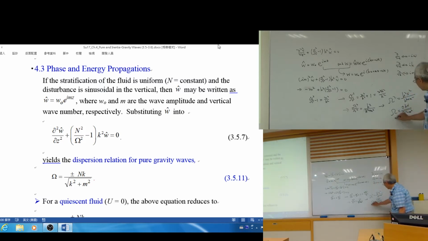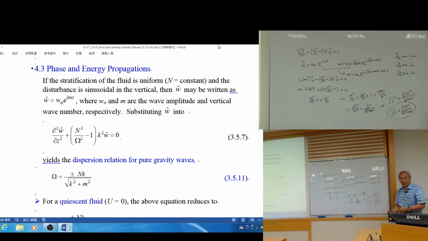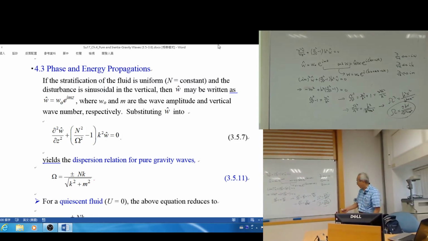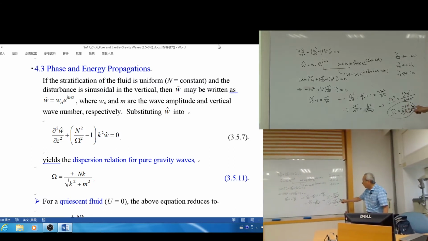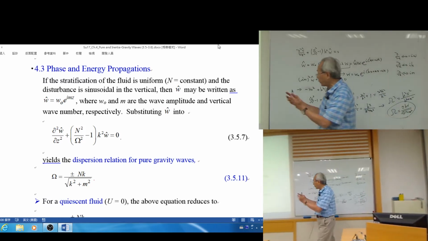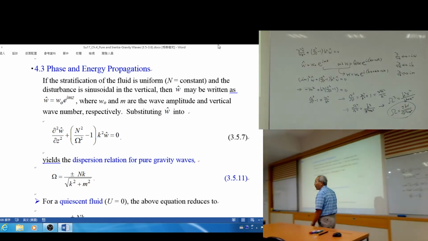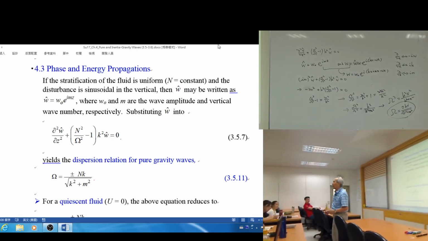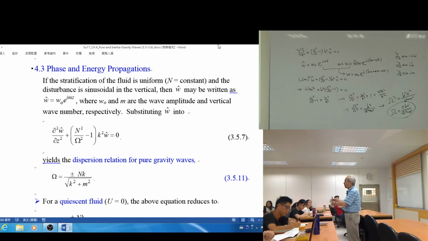Okay, so omega is the wave frequency, the intrinsic wave frequency, or Doppler-shifted wave frequency, equal to this. And this is called the dispersion equation, or sometimes people call it the dispersion relationship. I asked Americans, they don't know the answer about the difference between relation and relationship. Sometimes people use dispersion equation, some people use dispersion relationship.